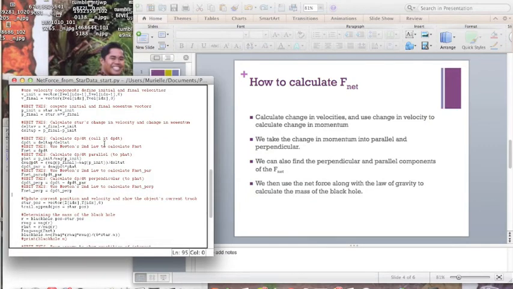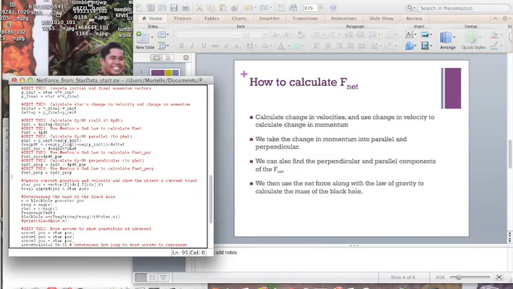Next, we find the change in velocity and the change in momentum by subtracting the initial from the final in the velocity and in the momentum. We are then able to calculate dp dt by taking the change in momentum and dividing that by the change in time. We set this equal to F net.